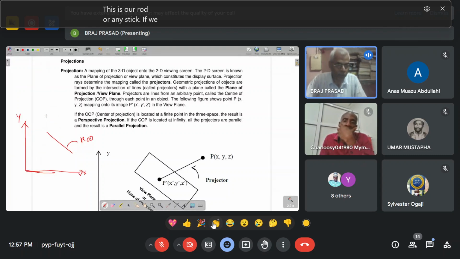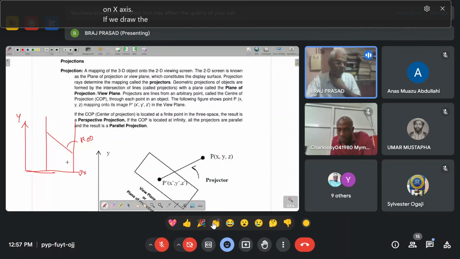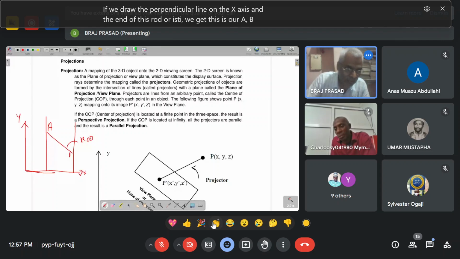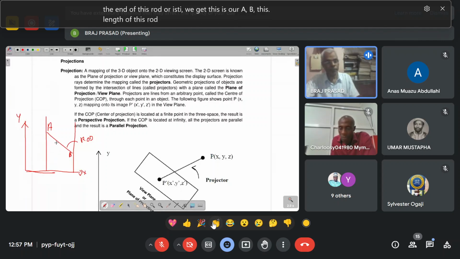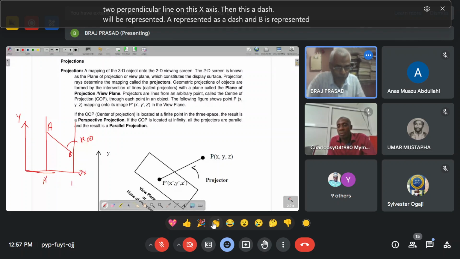If we draw a perpendicular line on the x axis at the end of this rod, we get this AB. This is the length of the rod AB, but if we draw two perpendicular lines on this x axis, then A is represented as A dash, and B is represented as B dash.